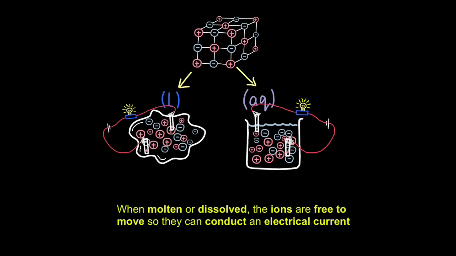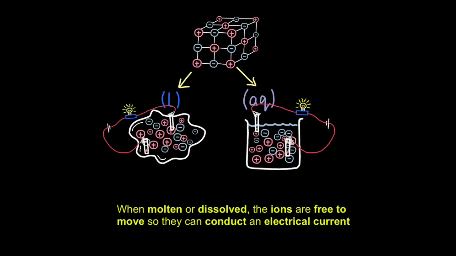You see, the positive ions are attracted to the negative electrode, and the negative ions are attracted to the positive electrode. Incidentally, this is why they're called anions and cations. The positive electrode is called the anode, so anions are attracted to the anode, and cathode is negative, so cations are attracted to the cathode. Positive to negative, negative to positive.